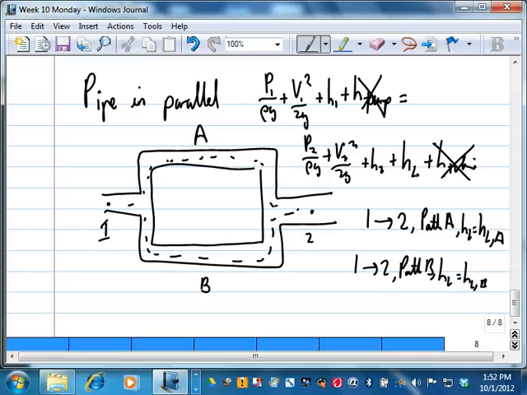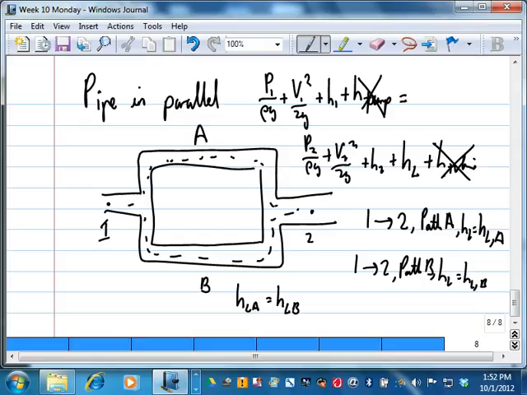You get nothing. You get HLA equals HLB, isn't it? Everything is the same. The two equations are identical except for one of those things. So subtracting those, you end up with 0, or HLA equals HLB.